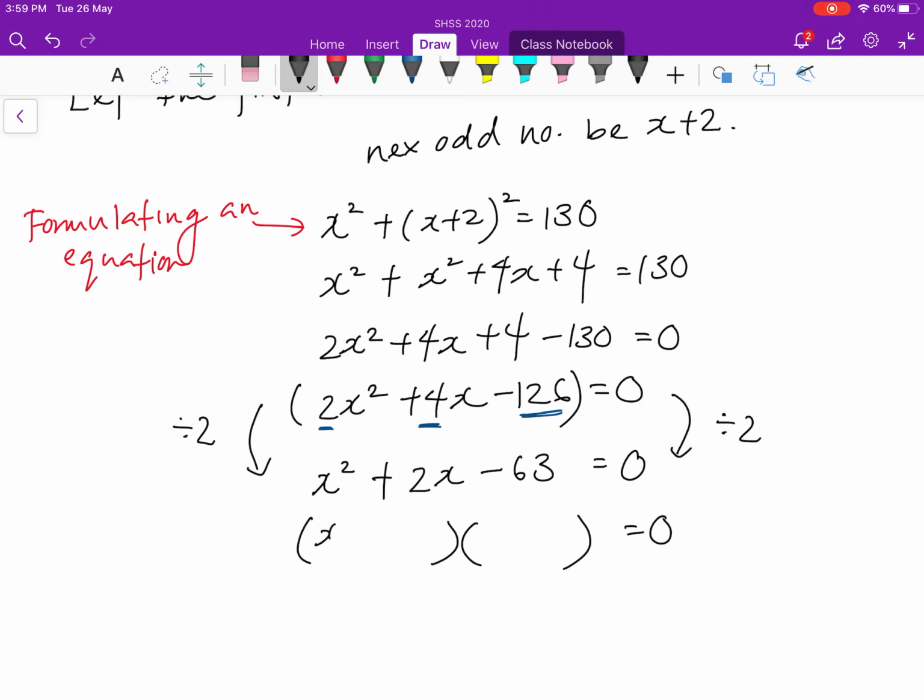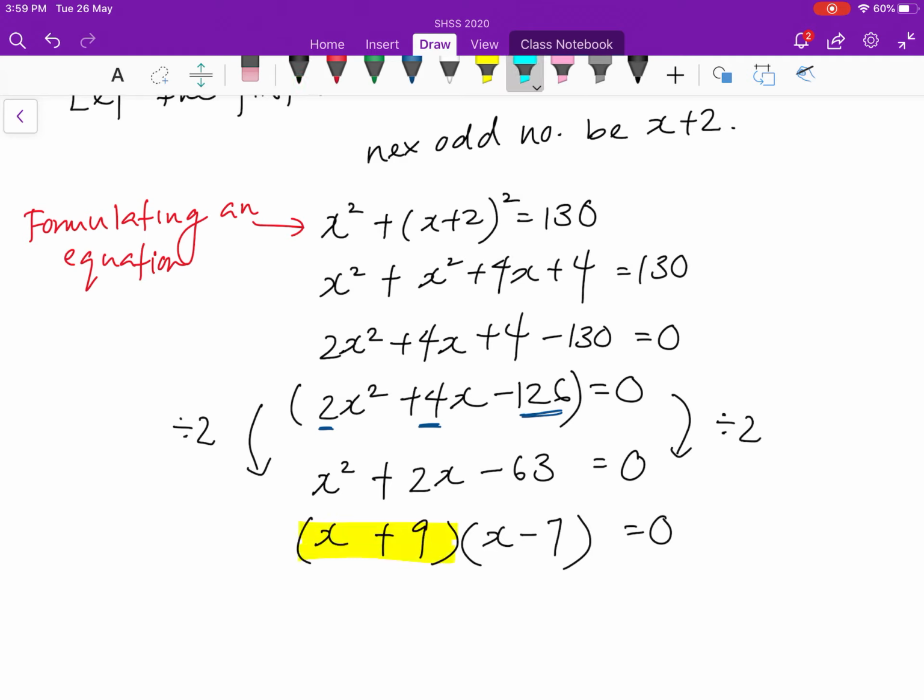Factorize it. x times x. 63 I can split up into, let's see, 8, cannot. 9. I can do 9 times 7. Plus 2 is plus 9 minus 7. So you see, again, I get back this one.